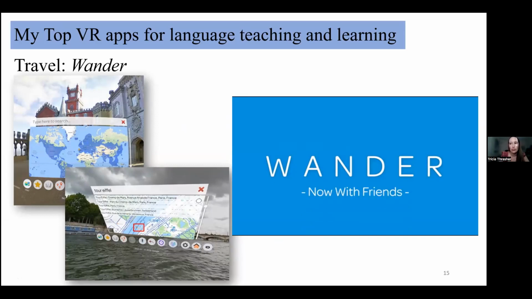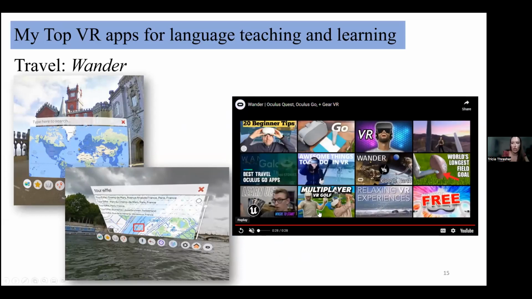A lot of major monuments or museums, or for example, I did a lesson with students where we looked at different castles in France. You can walk around the inside and do the tour like you would be able to do in real life. So that is very, very useful.